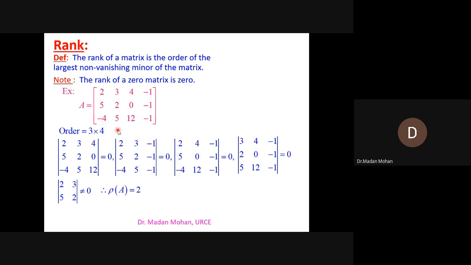Some others define rank in another way, the same concept, please observe.